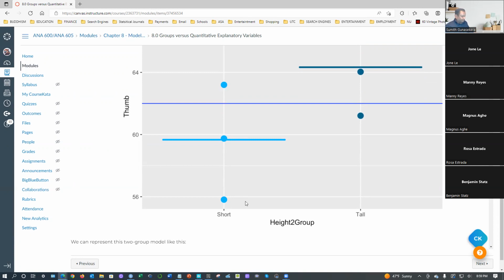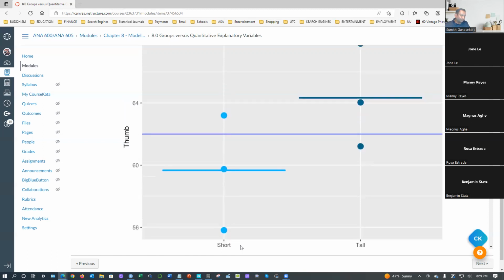No, that's not for this one, that's for the male and female. So anyhow, regardless of male or female, now they have been divided into short and tall.